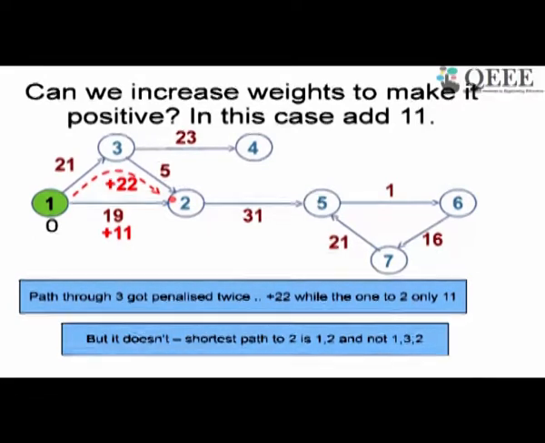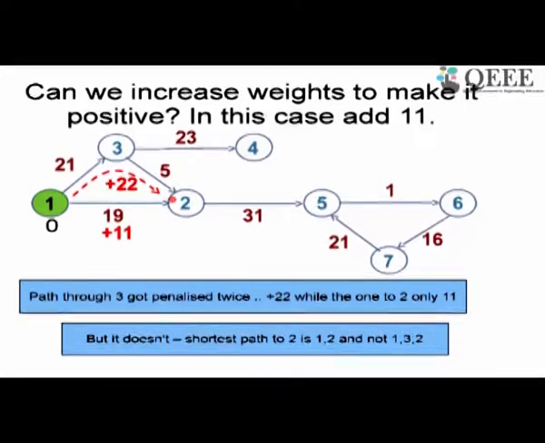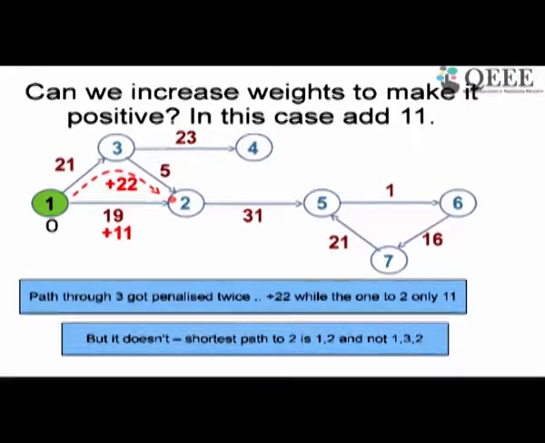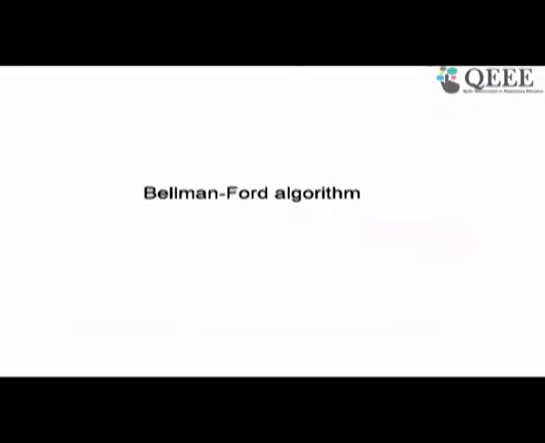Breadth first search looks at the shortest path in terms of number of edges. Here we are trying to find the shortest path in terms of sum of weights. But by adding some number to all the edges, you are moving it closer to the number of edges again. If I add a very large number to all the edges, the problem will become like breadth first search again. You are trying to find the path with the fewest edges. So this is not going to work, which is why you need a new algorithm.